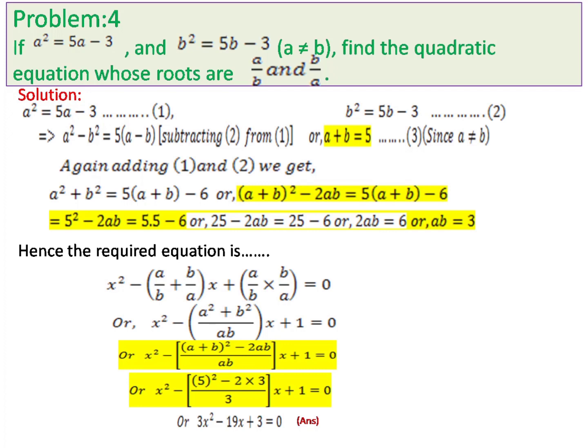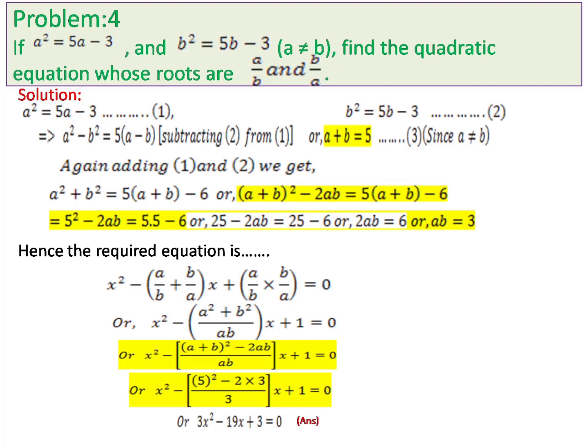It is from the formula, you know. Or x square minus, combining the fractions a by b plus b by a, we have the numerator a square plus b square and denominator ab, into x plus 1 equals 0.